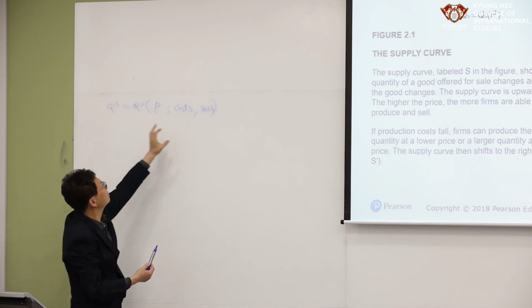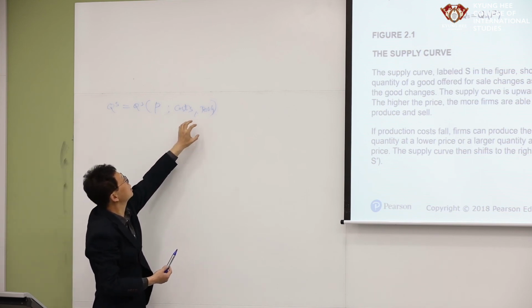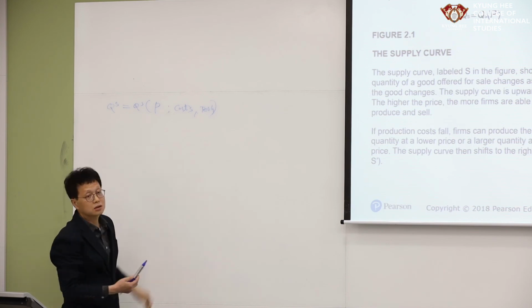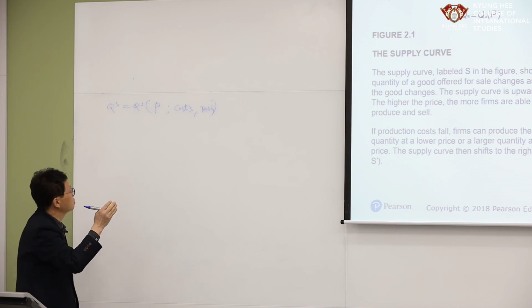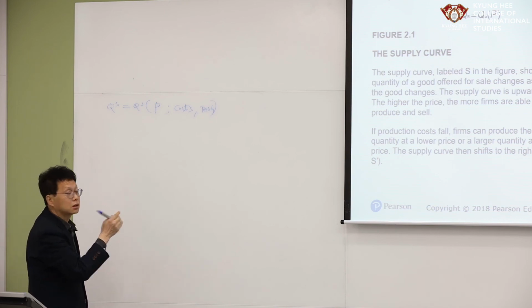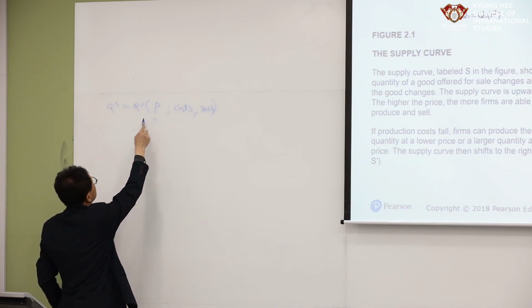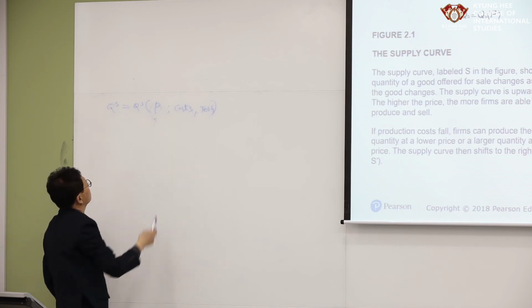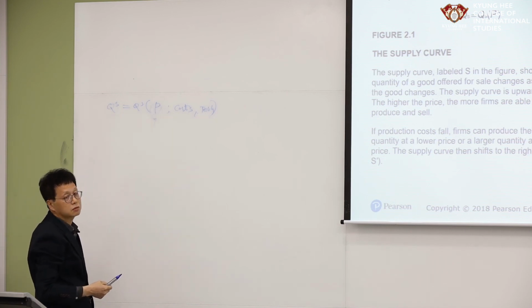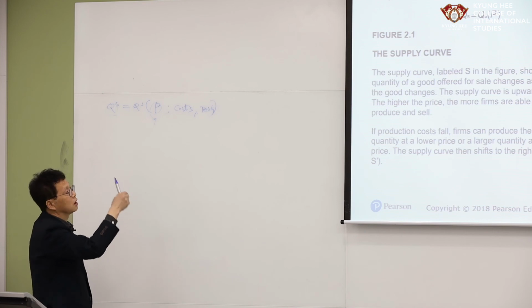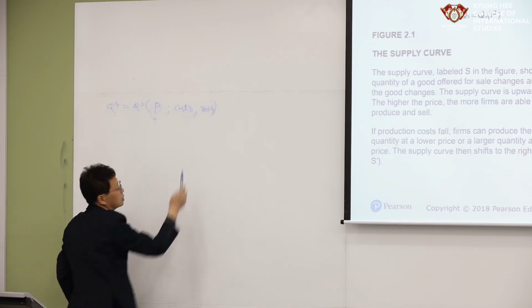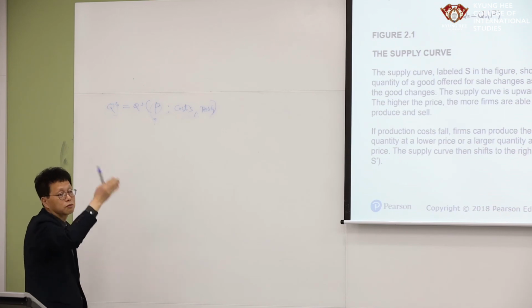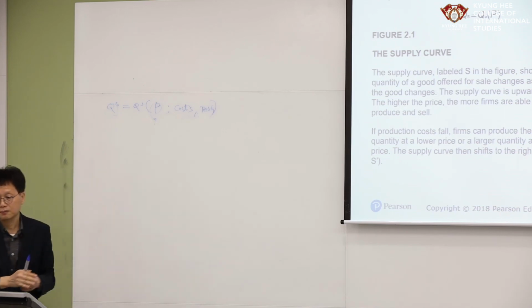But if other things happen, for example cost or technological change, productivity increase, then the supply curve shifts to the right or to the left, right? A change in its own price is categorized as movement along the same supply curve. But when other things change, then the supply curve shifts upward or downward, okay?